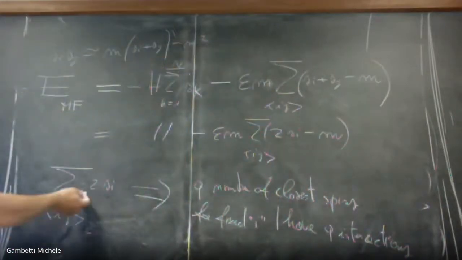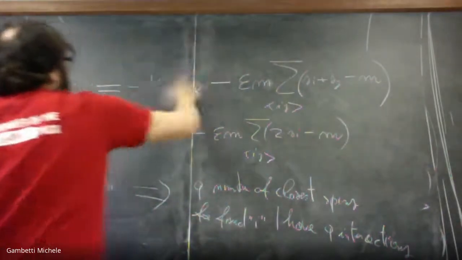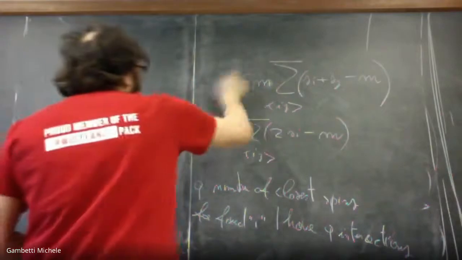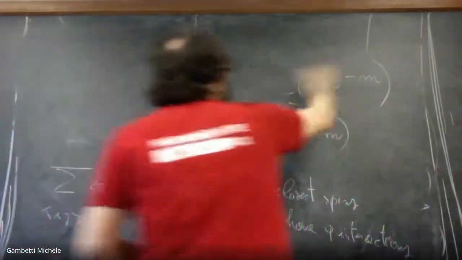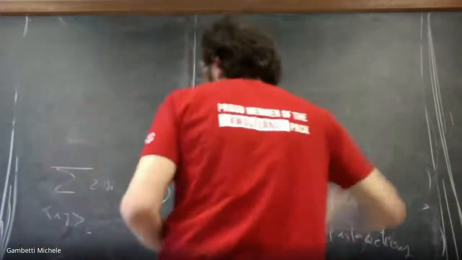So this is degenerate, in the sense that the sum is Q times Si, and then I have to sum over Si.